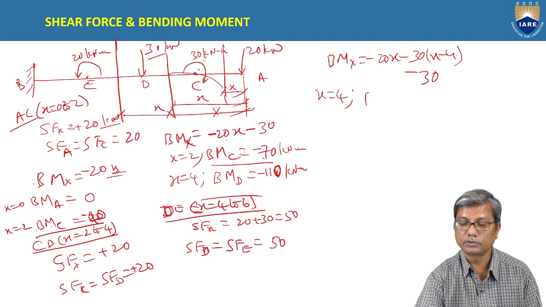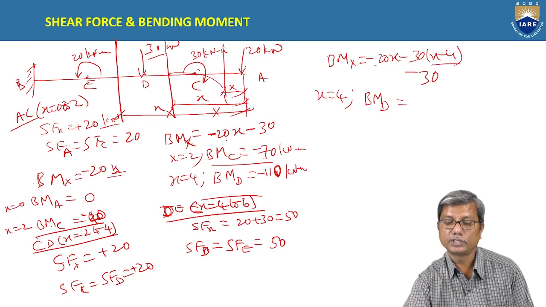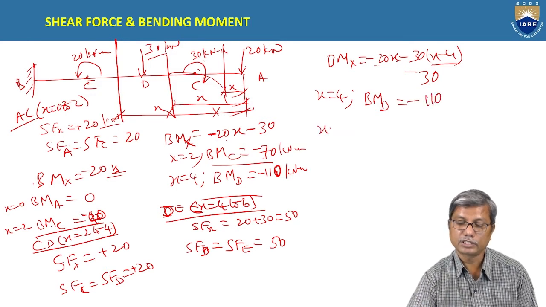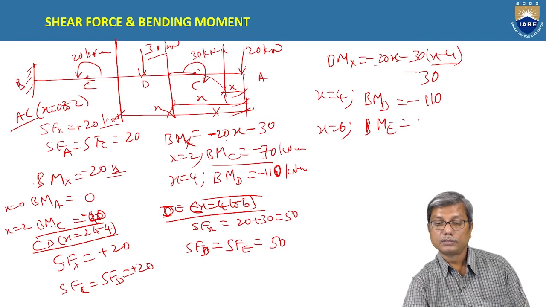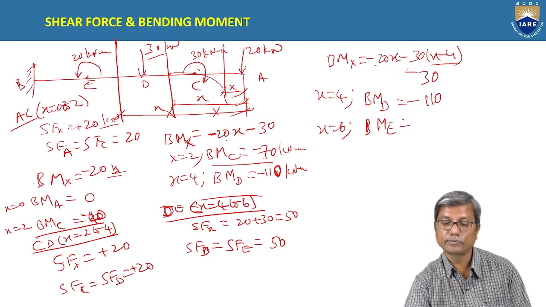Now substitute X equal to the limit such as 4. At X equal to 4, the bending moment at D is, this term becomes 0. So when it is 4, 20 into 4 minus 30, so minus 110. And at X equal to 6, bending moment at E is minus 20 into 6, that is minus 120, minus 30 into 6 minus 4, 2, so minus 60.